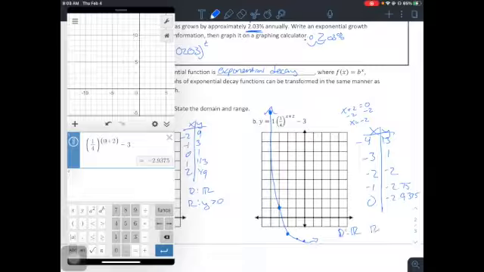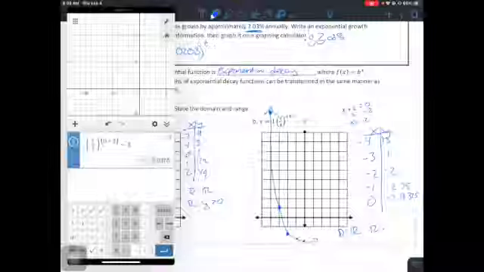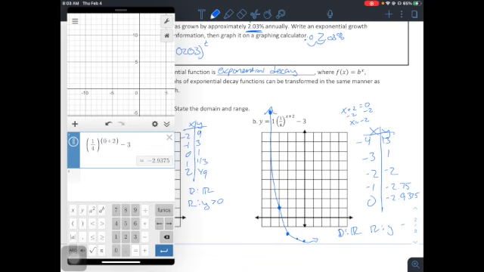For our range, let's actually look at our table. Notice we were at 13, we shot all the way down to 1, then to -2, and so our decay rate is decreasing. We're getting really, really close to -3 here because we were at -2, then -2.75, then -2.9. So y is always compared to -3, and all of the numbers are greater than -3.